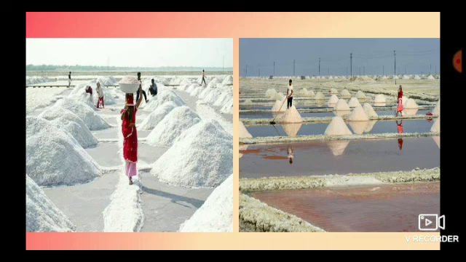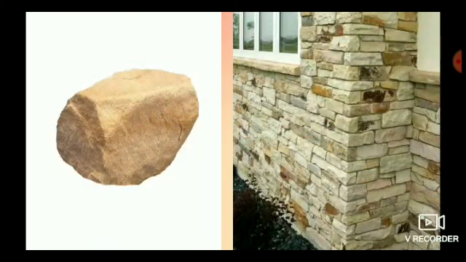And next, the rocks in the desert are marbles and sandstones. The first picture is sandstone, which is used for construction of houses. Can you see that they have inserted the sandstone in the walls of the buildings? It looks very nice and beautiful, right?